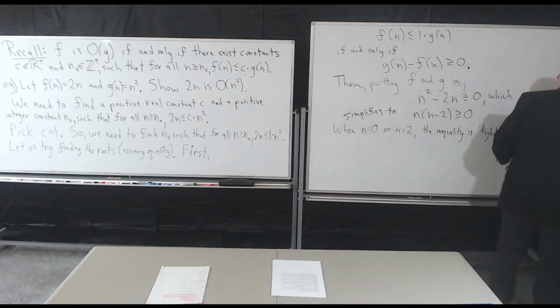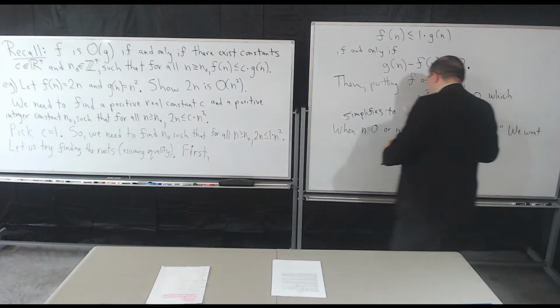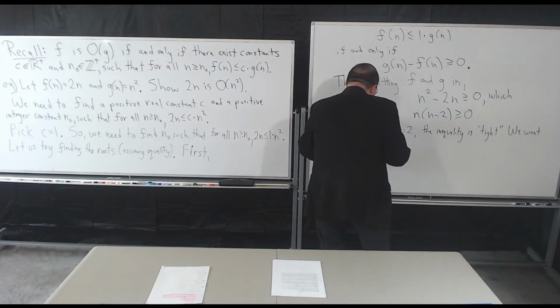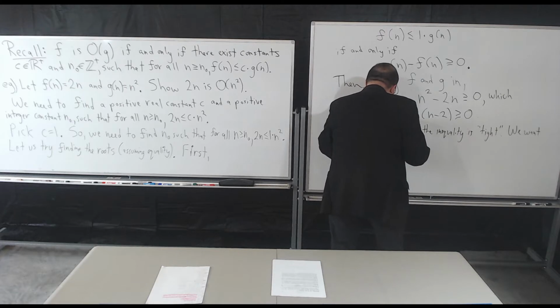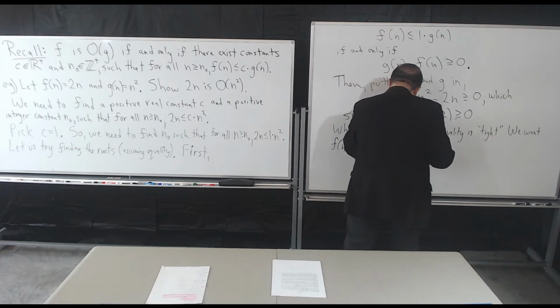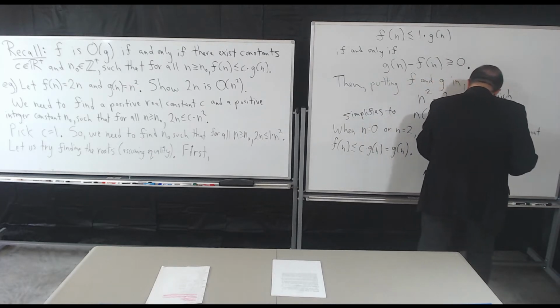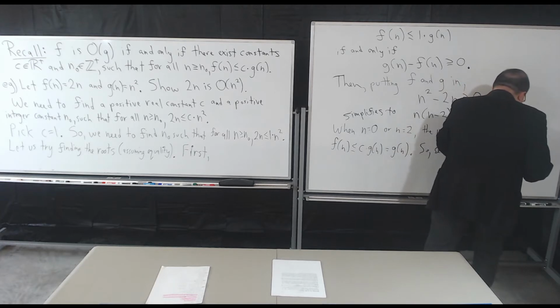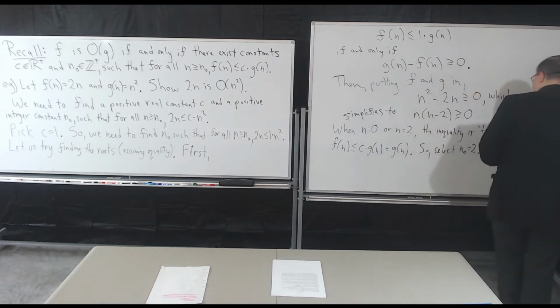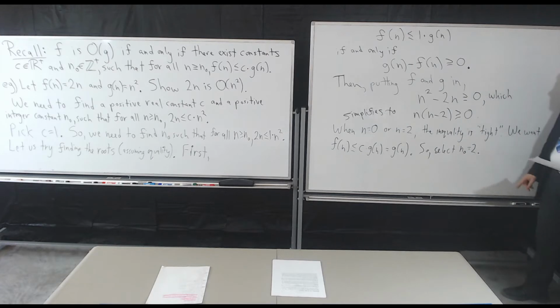So we want f of n is less than or equal to c times g of n, which is just equal to g of n, right? So select n0 is equal to 2. Now, if I pick this one here, it must be because this inequality with equality was true when it was 2.